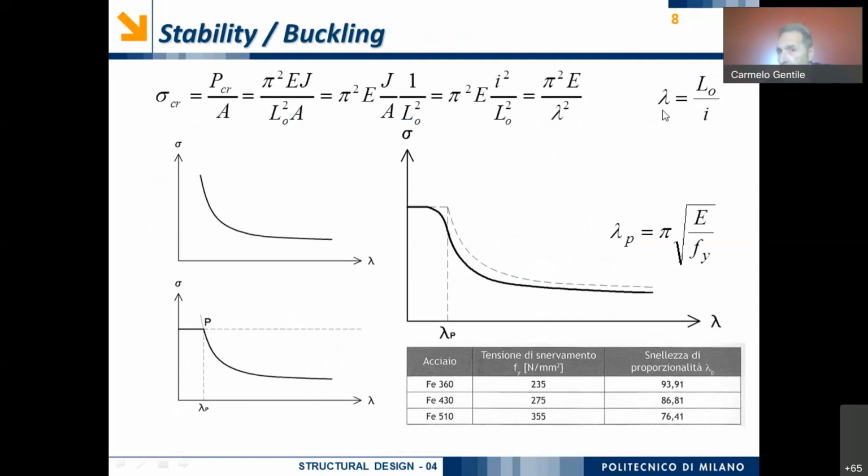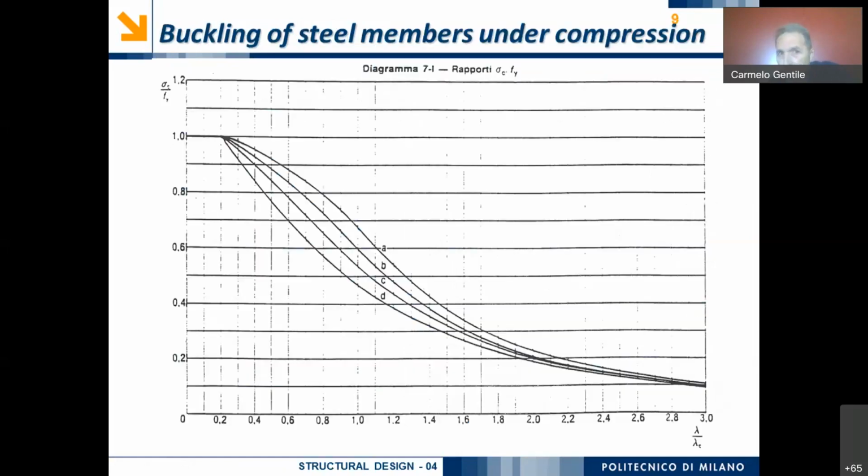So if you know how your column is made, you can obtain the value of lambda as the ratio between the effective length and i. That's clear. So you know the column, now you know the value of lambda.